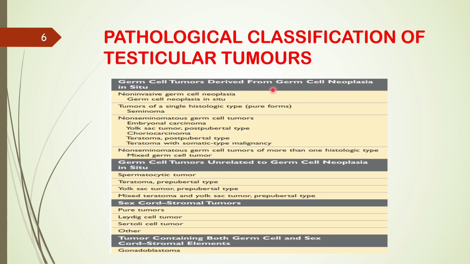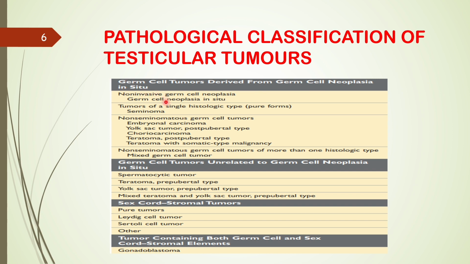That is tubular germ cell neoplasia in situ, and that is the preliminary tumor from which the invasive germ cell tumor will arise. So we will see how the germ cell tumor invades the stroma from germ cell neoplasia in situ.